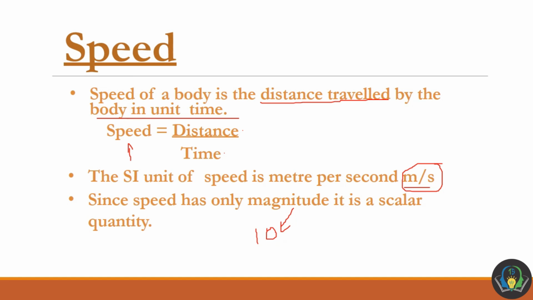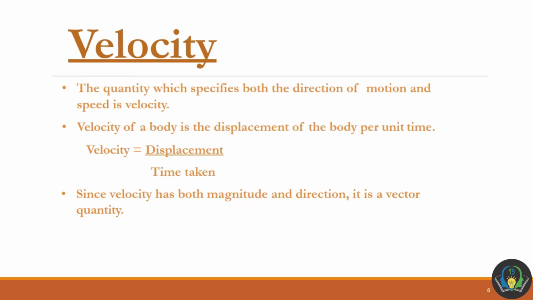I hope the topic is clear. It's a pretty easy one. So we move ahead with the next one, that is velocity. Now speed and velocity are one of the greatest confusions of physics, since they are connected very closely. In speed we had distance upon time, whereas here it is displacement upon time. As we have discussed earlier, distance was scalar, displacement was vector.